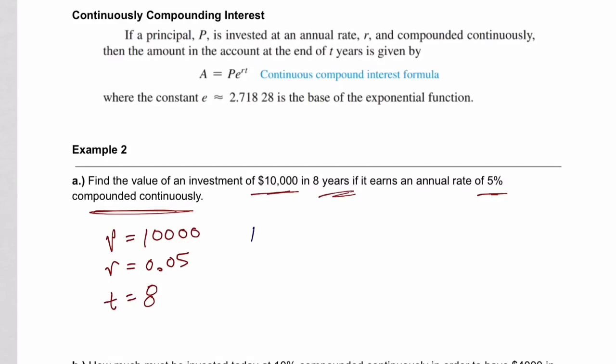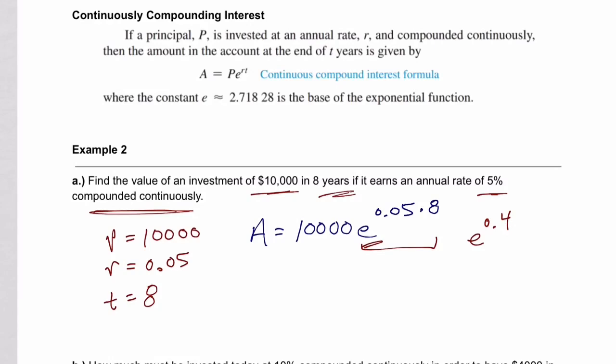So to calculate the future value A, we have 10,000 times e to the 0.05 times 8 power. So I mentioned earlier, your calculator can help you access the number e. Make sure you know how to do that on your specific calculator. If you type this calculation in, entering just this part of the calculation, we could simplify it to be e to the 0.4.